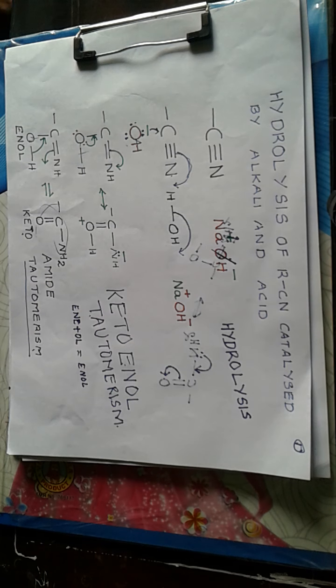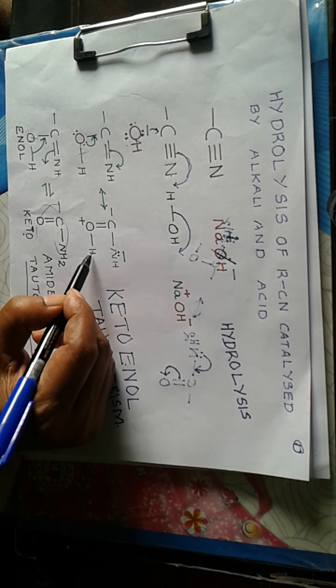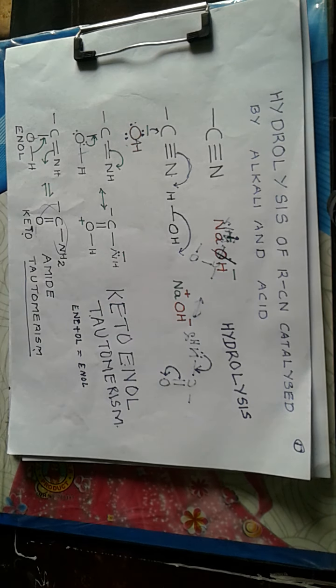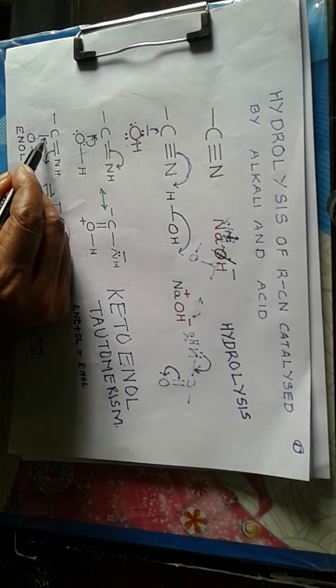So there is a tendency for removal of H as H positive, and since there is a negative charge over nitrogen, this H positive can combine with nitrogen, and that happens. That is the extreme case of resonance, so that this bond will be moving in this direction.